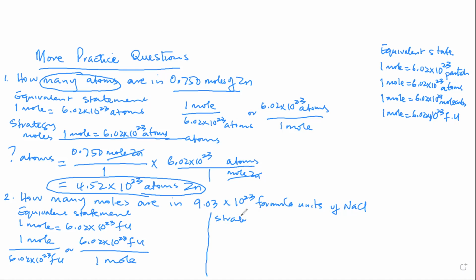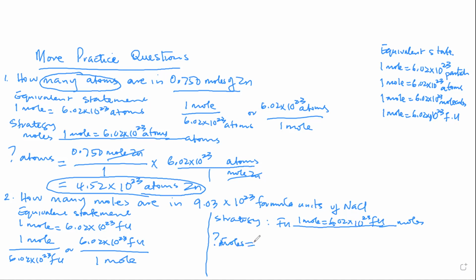The strategy will be, we are going from formula units to moles, using 1 mole equal to 6.02 times 10 to 23 formula units. Then we set this up. We are solving for how many moles? Okay, this will be moles.